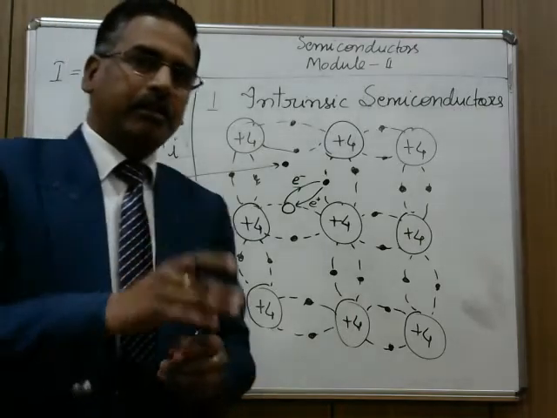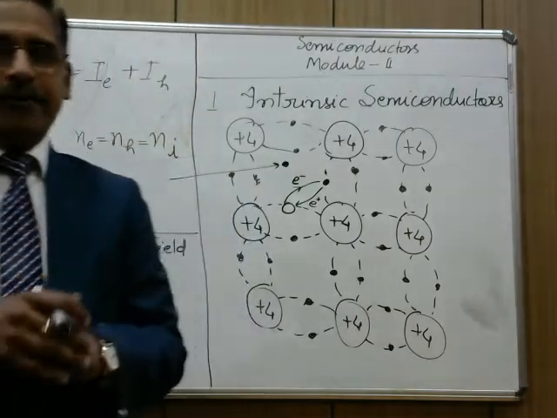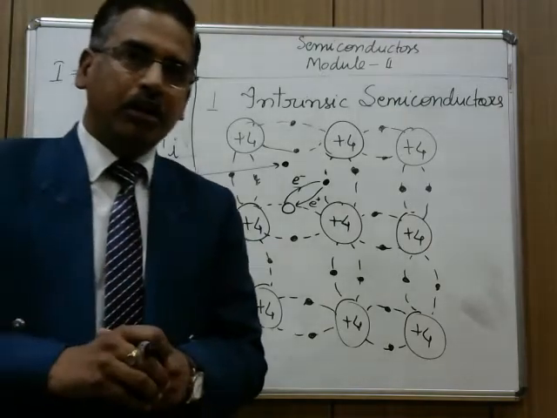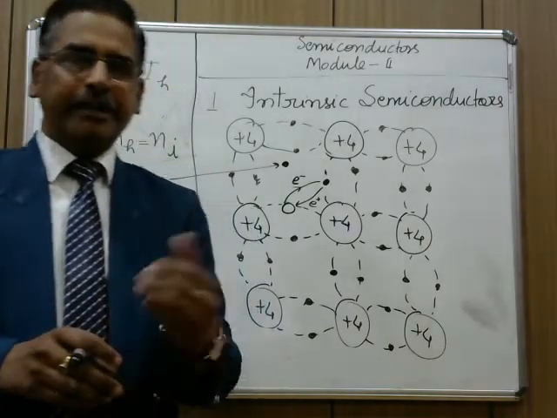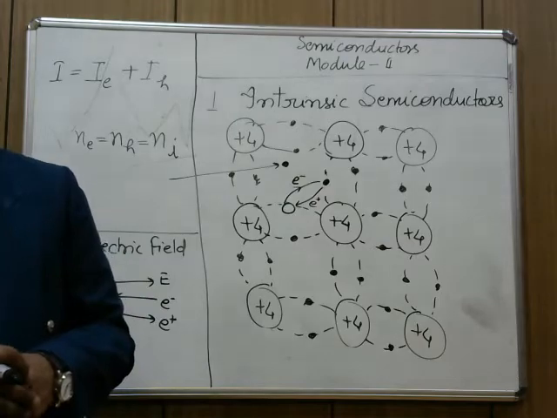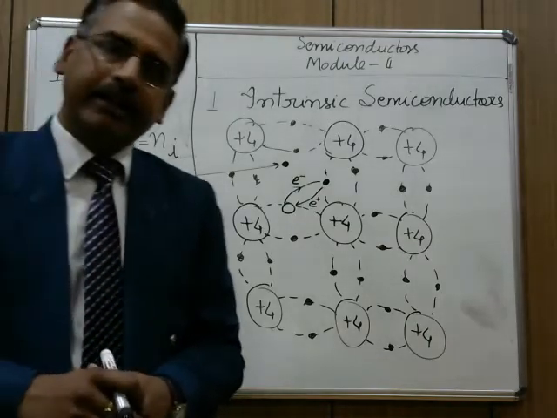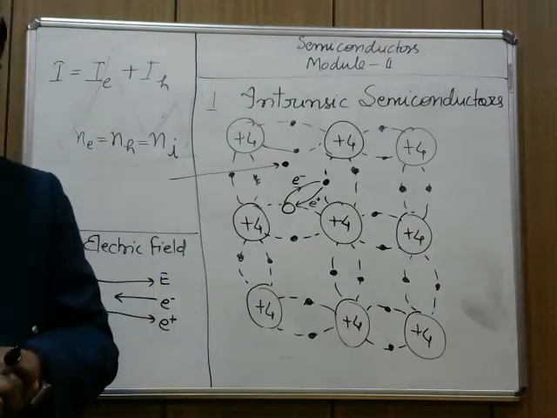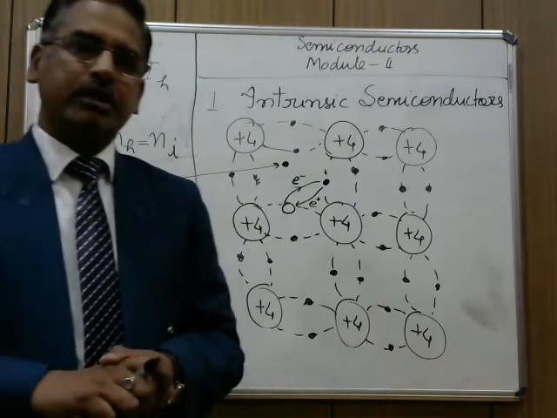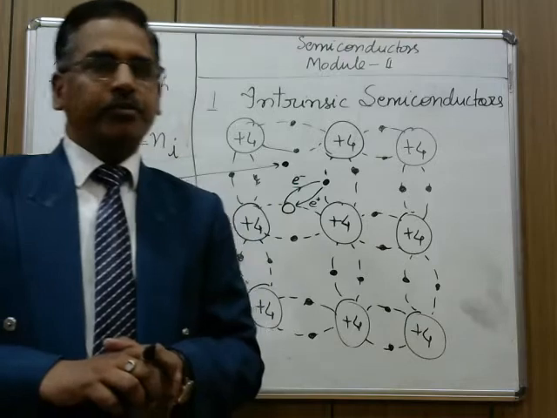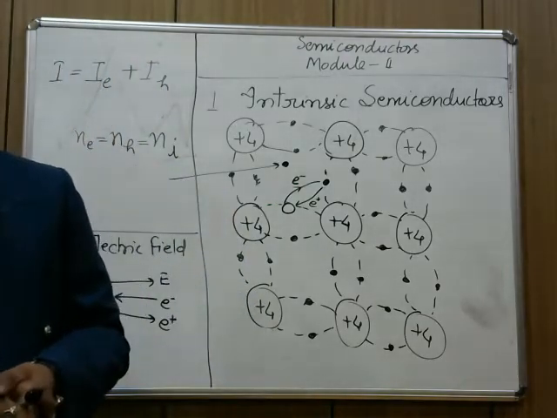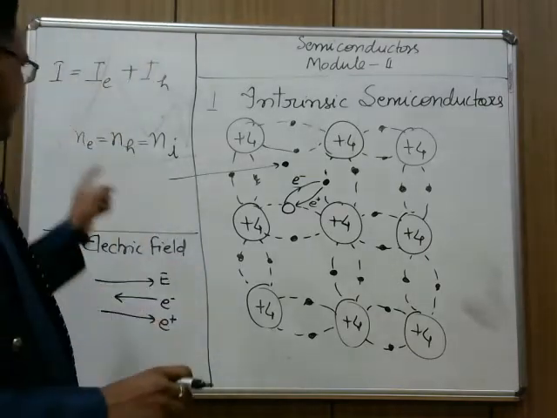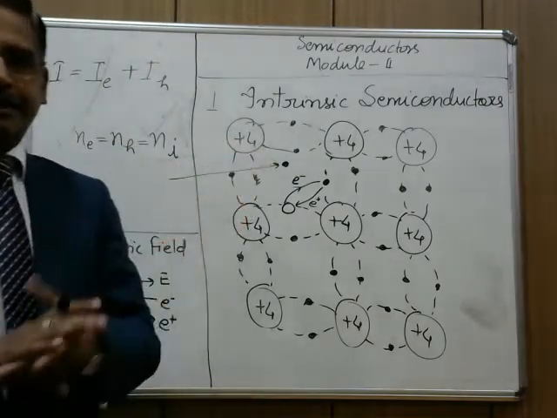Each electron leaves behind a vacancy termed a hole, which has an effective positive charge equal to the charge on the electron. Therefore, the number of electrons equals the number of holes per unit volume, that is, their concentration is equal: Ne equals Nh equals Ni.